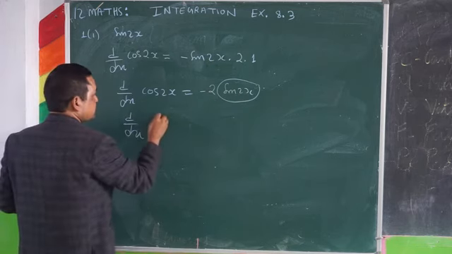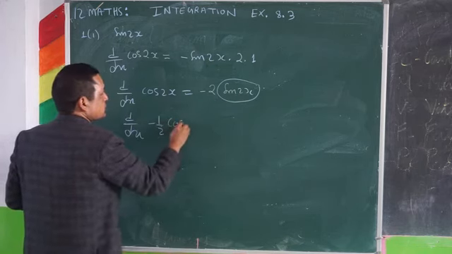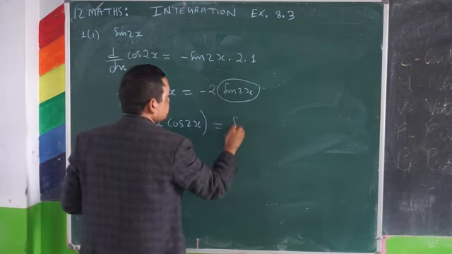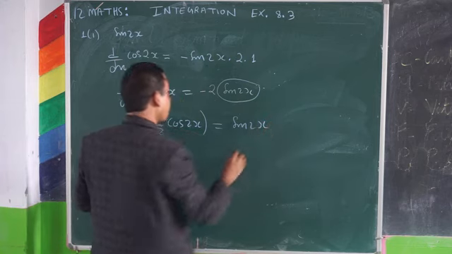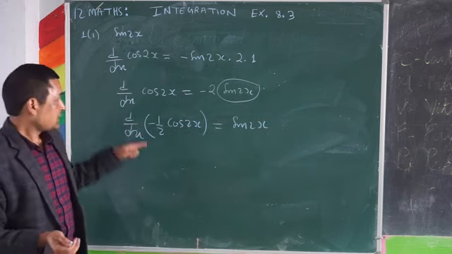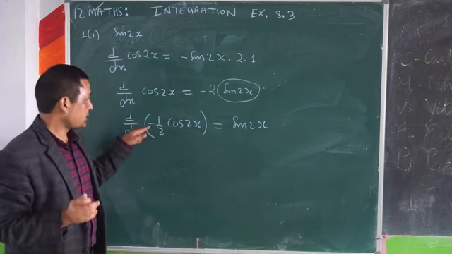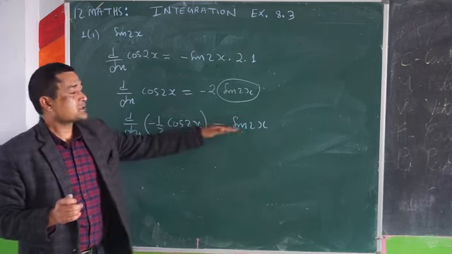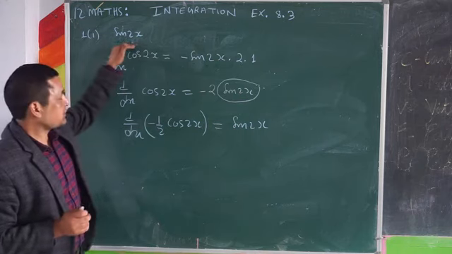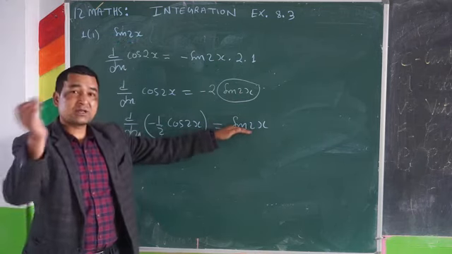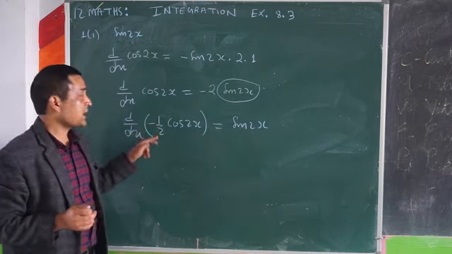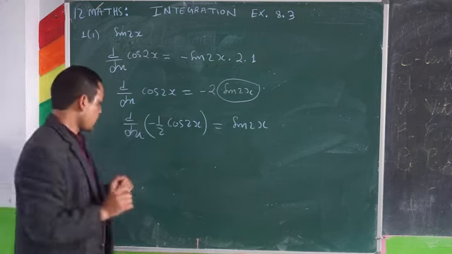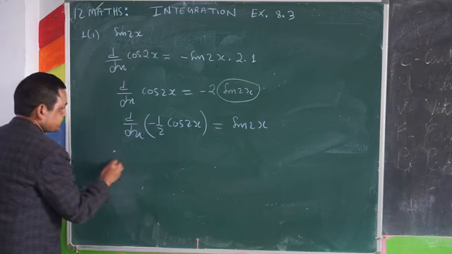That means the differentiation of minus 1 by 2 cos 2x is sin 2x. Now we got the question. That means the antiderivative of sin 2x is minus half cos 2x.